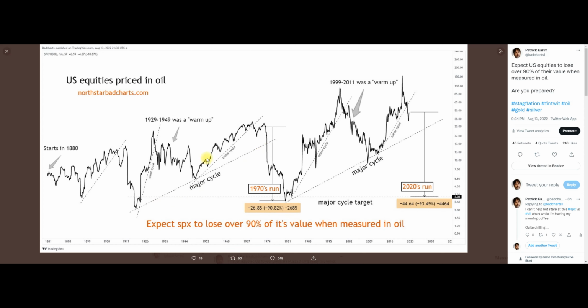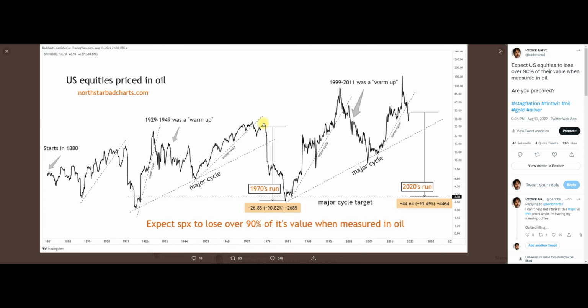So up it goes. Now this is the bull run from 1945 all the way to 1968, and then it tops, and then in 1970, '72 it breaks down. Total breakdown, right? Because it broke down from this rising trend line, which is the second minor cycle in that bigger major cycle.